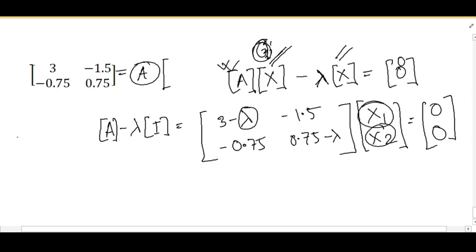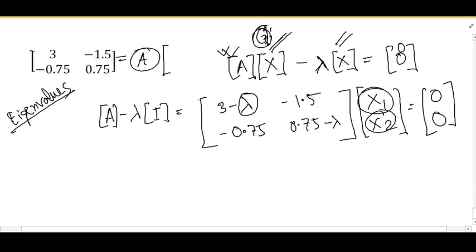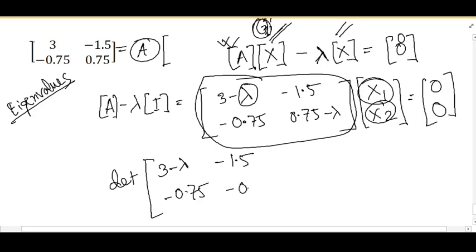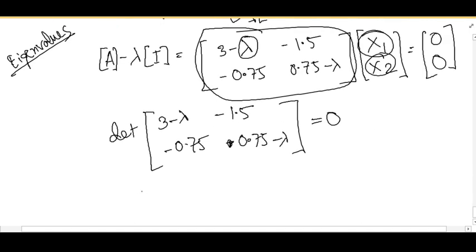So if you are asked to determine eigenvalues, we have to use the determinant. For getting the non-trivial solution, the determinant of this must be equal to 0. So the determinant of [3 minus lambda, minus 0.75; minus 1.5, 0.75 minus lambda] should be equal to 0.